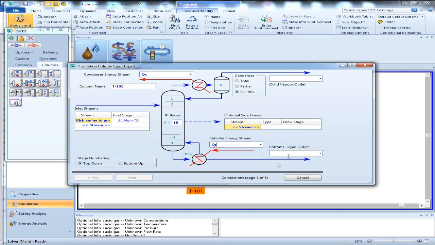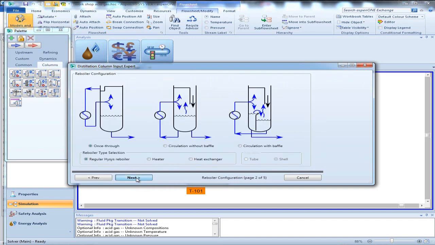And this stream will go to the heat exchanger. So this is lean recycle 1. And the overhead vapor outlet is called acid gas. Okay, now we can go to the next step.